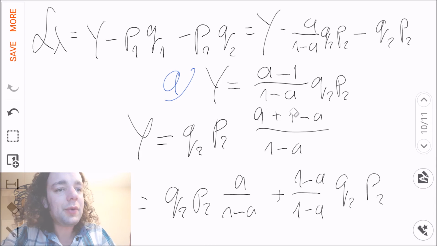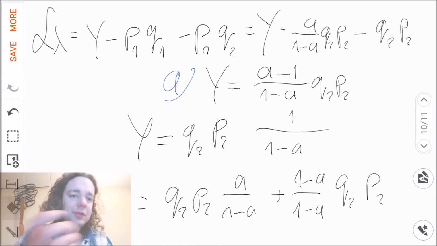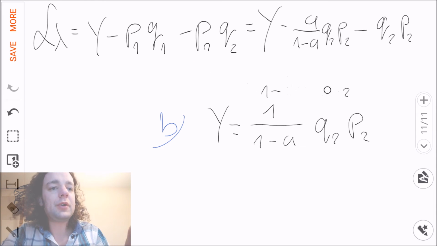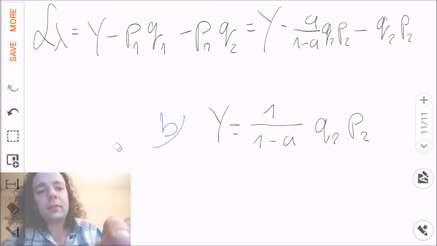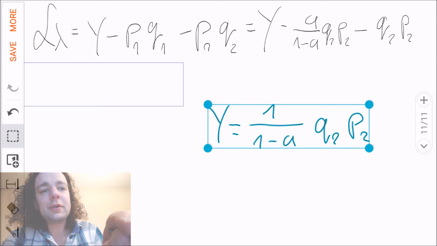A plus 1 minus A, so A minus A, these drop out, right? So now we get 1 divided by 1 minus A. And this was answer B. Answer B was correct. We'll remove this one and continue our struggle for a complete answer.